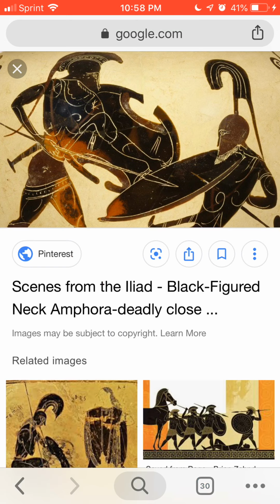You also look at the shield. On the right-hand side, when you look at the helmet and the top, and that round shield, that looks like a Spartan shield. Now when you look at the left one, that's an Achaean, with the edges cut off on that shield.